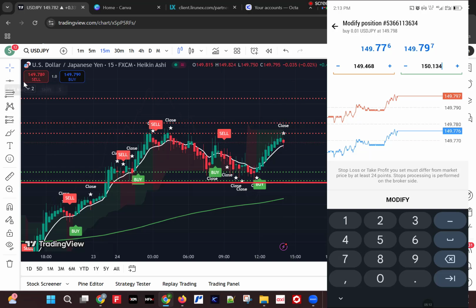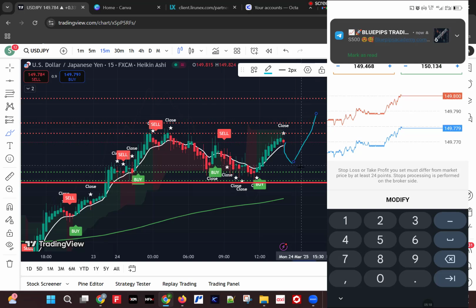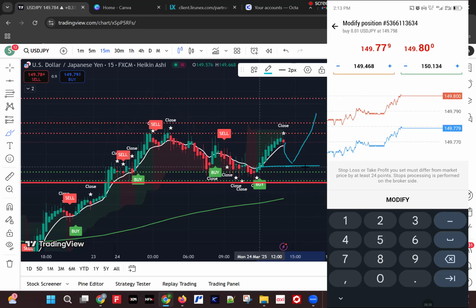So let's say the price should fall all the way from this point down somewhere here and start going up like this, then we want to use this level as our stop loss, and we enter the trade from around this point. Or if we're currently on this stop loss and then the price pulls down to somewhere around this level and bounces up, while it's bouncing up it has created a new low.